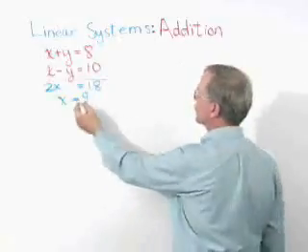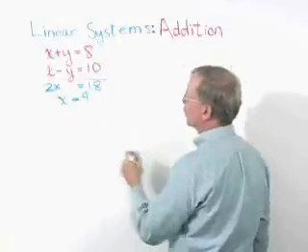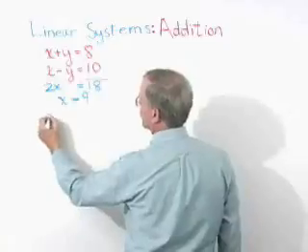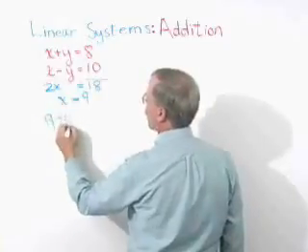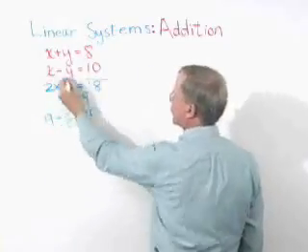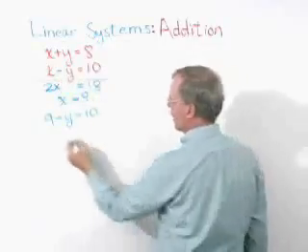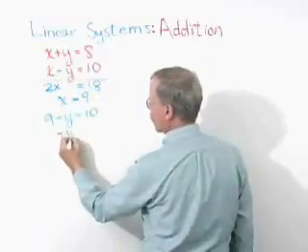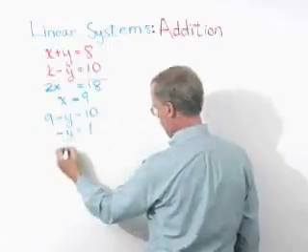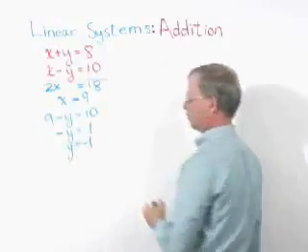And if x is 9, then we must have that 9 minus y equals 10, substituting in here, and that will give us that negative y equals 1, or y equals negative 1.